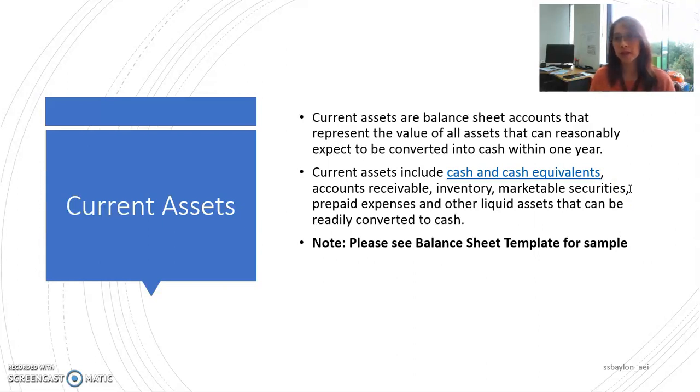But we will have more discussions on this in class. And then prepaid expenses. When you say prepaid, you pay first before you get the service. We'll have more discussions on this, but again, we have identified these items or terms in CLO1, so it's just a review.